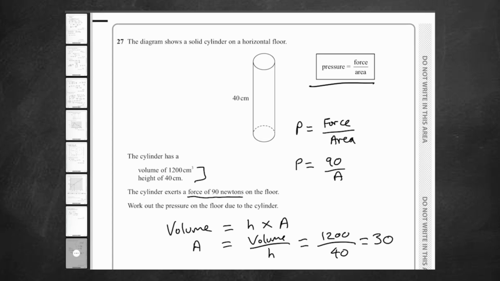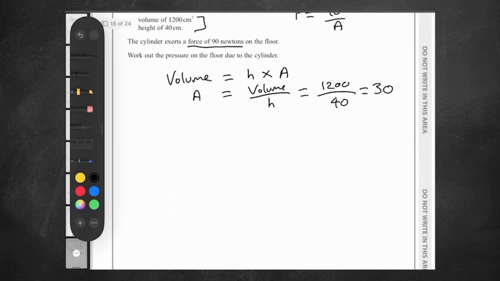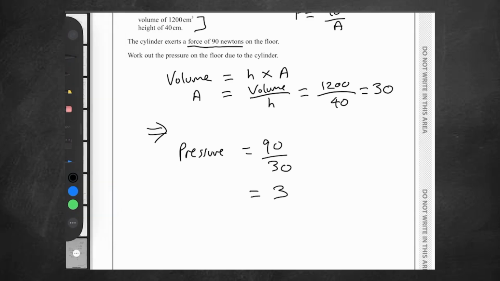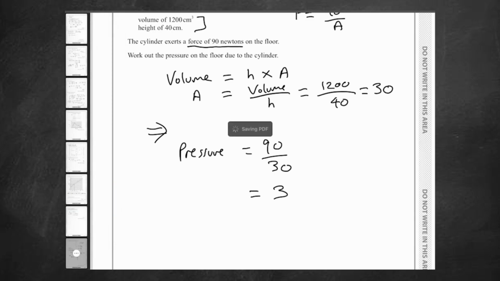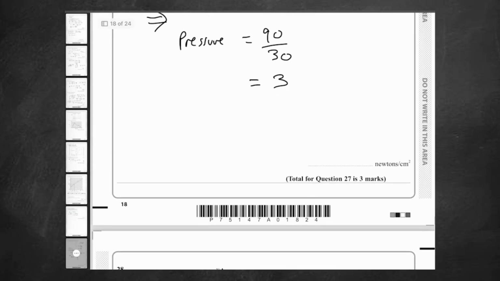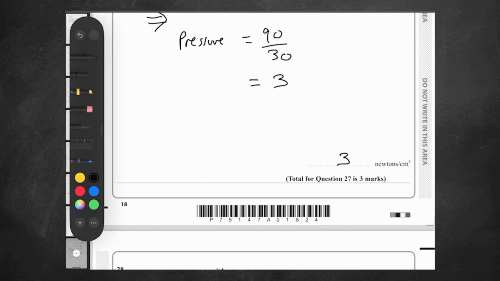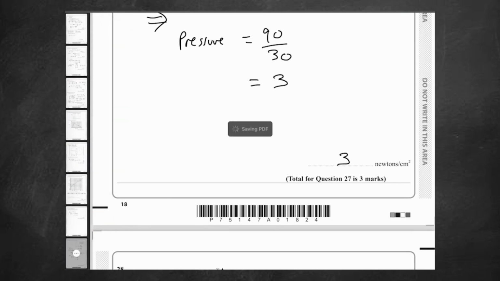And I'll just scroll down. So pressure equals 90 over 30, which equals 3. And then hopefully we've got the units. Yes, we do. Newtons per centimetre squared.